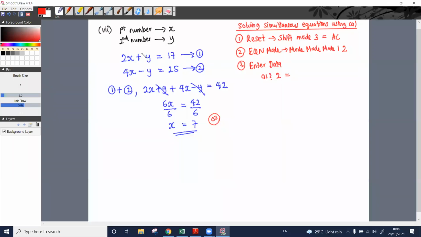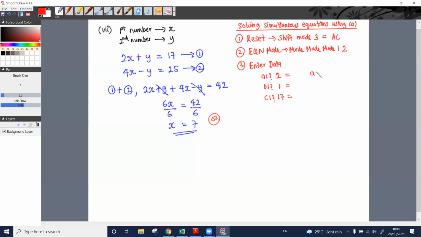That is 1. Give 1 and press equal. Then it is asking for the C1 value. That is 17. Give 17 and press equal.